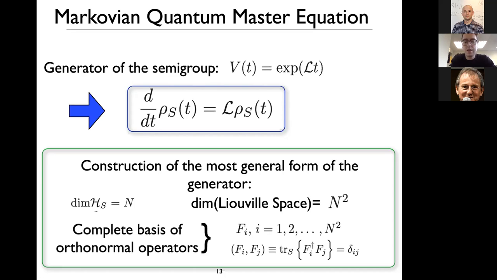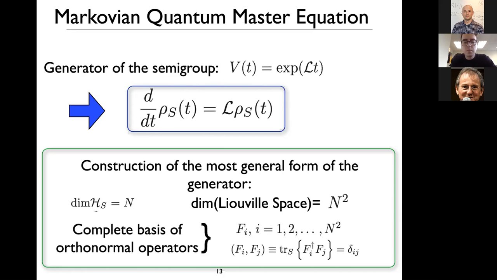In order to construct the most general form of this generator, you assume that the Hilbert space of your open system S is of dimension n, so it's finite dimensional.